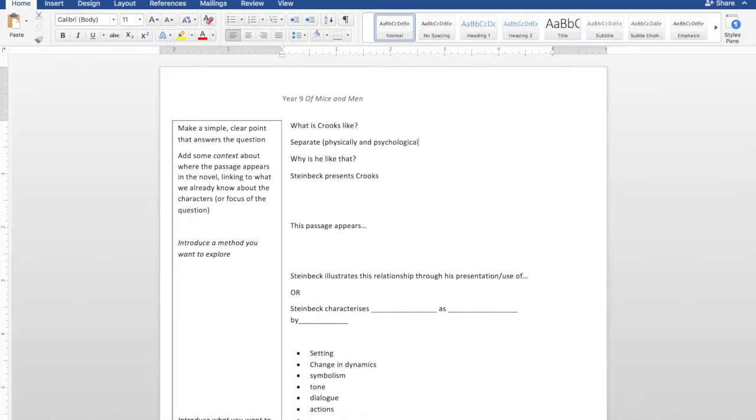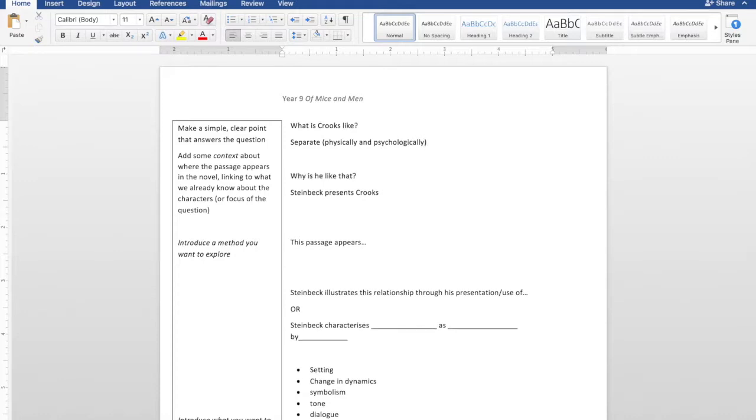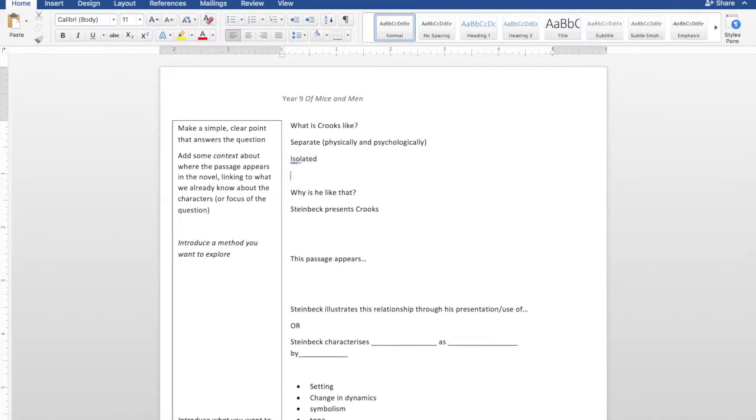So in his mindset, he's separate from the other characters. So he's isolated. He's also a little bit superior. He has skills. He's permanent. Those are some other ideas that we might bring in.